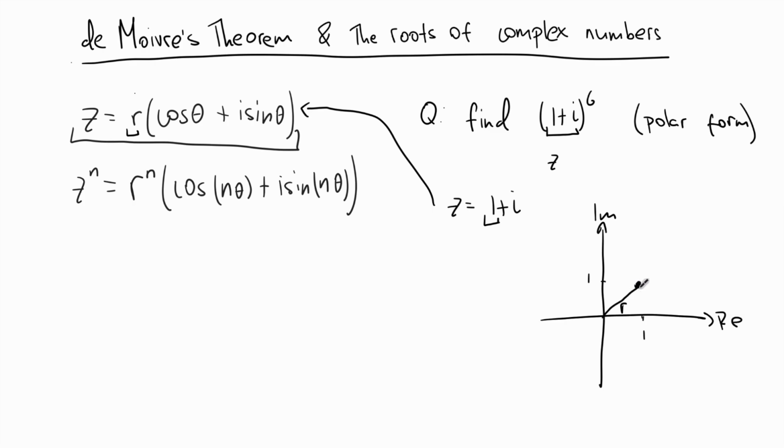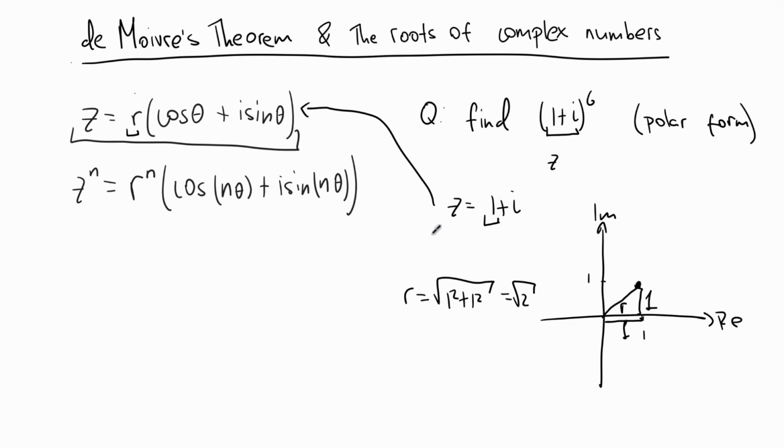We can find r through the Pythagorean theorem. It's a right angle triangle, so r is going to be the square root of 1 squared plus 1 squared, which is just square root of 2.